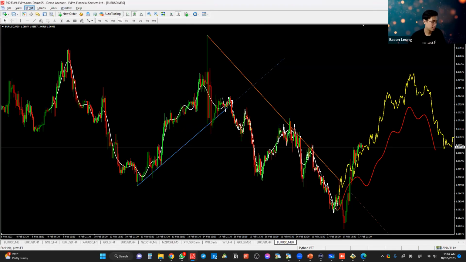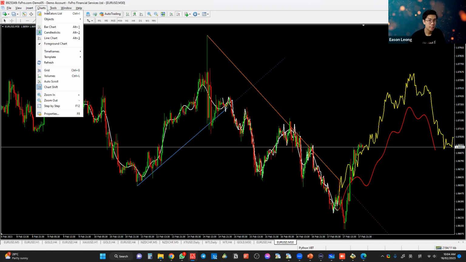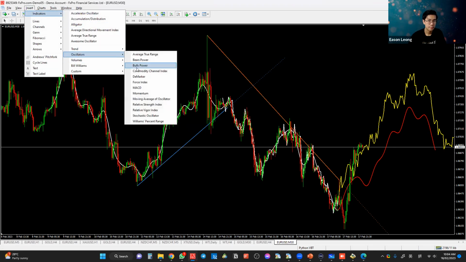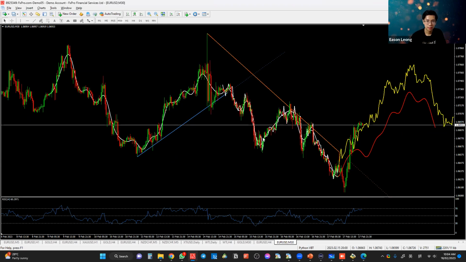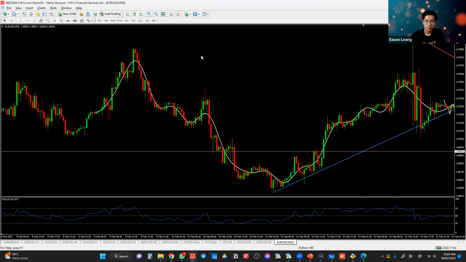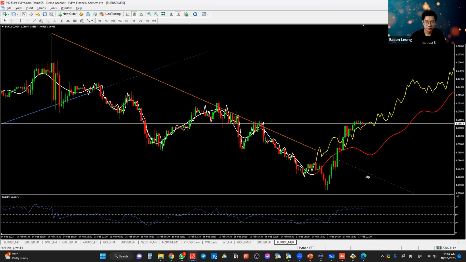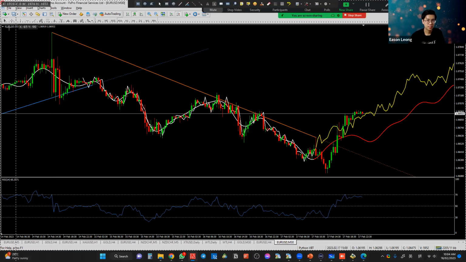Lastly, the RSI. Okay, same thing. Just put it in. Now this RSI is a little bit special compared to just now.